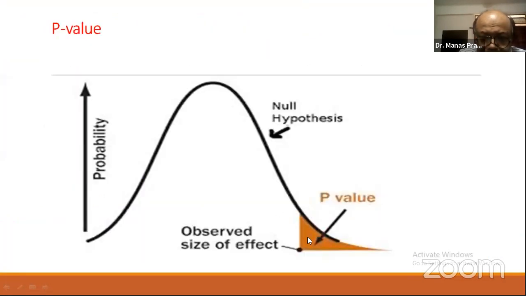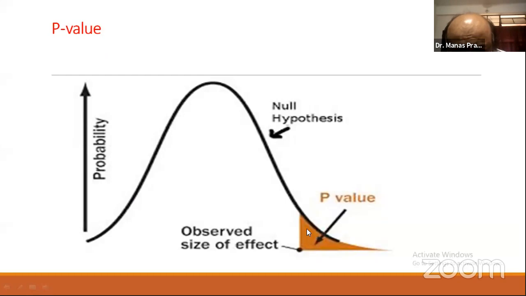So this is the p-value. The whole area is 1, from here to here. Now, a p-value of 5% means this is the 5% area of the whole area.